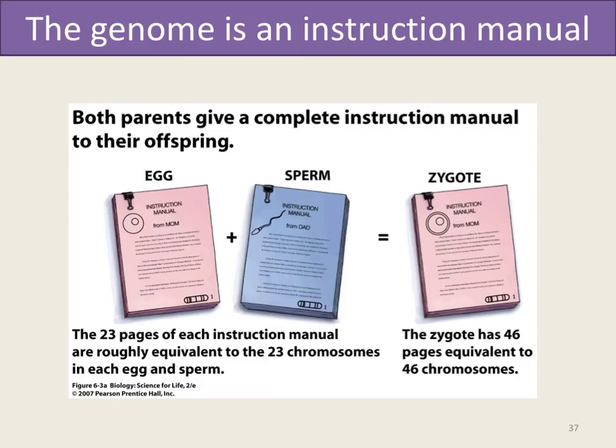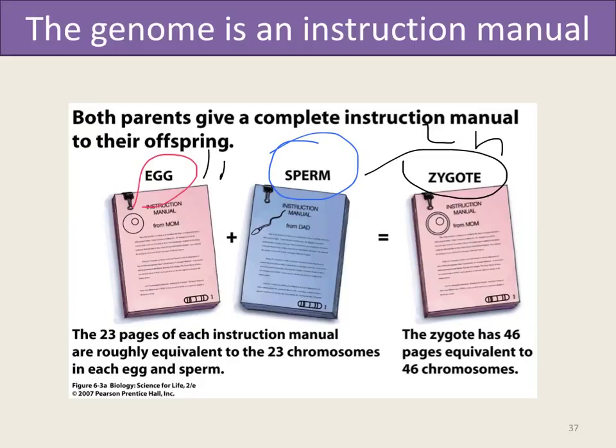Now, this is kind of right, but kind of wrong. We'll say that each genome from the parent, the egg, and the sperm, and then the zygote, which is 2N. This is 1N, 1N.